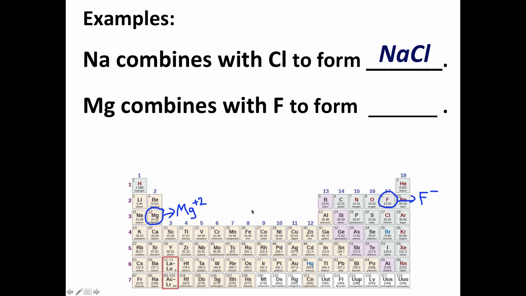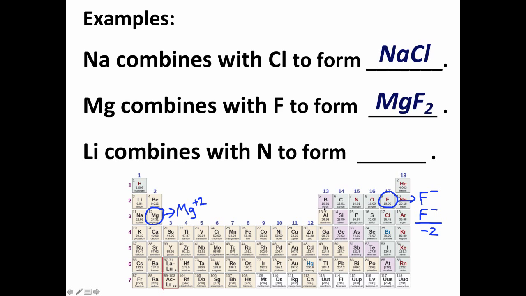The positive 2 magnesium ion and the negative 1 fluoride ion do attract each other, but they don't balance out charge-wise. However, if there's a second fluoride ion, then the 2 ions together provide a charge of -2. That balances off the charge of +2 from the magnesium ion, and that gives us an overall formula for magnesium fluoride of MgF2.